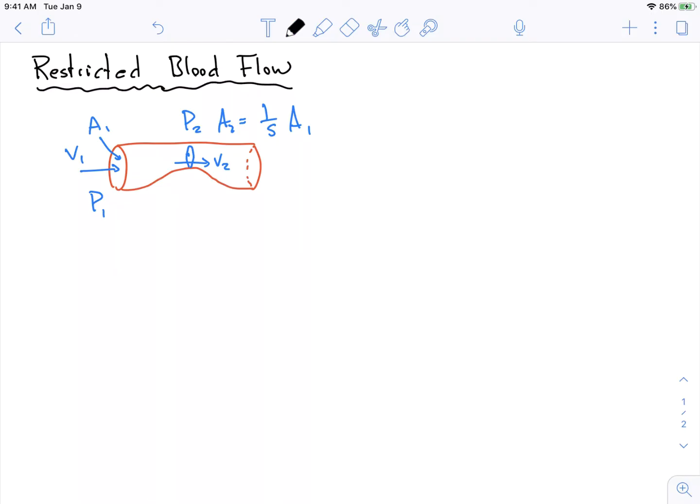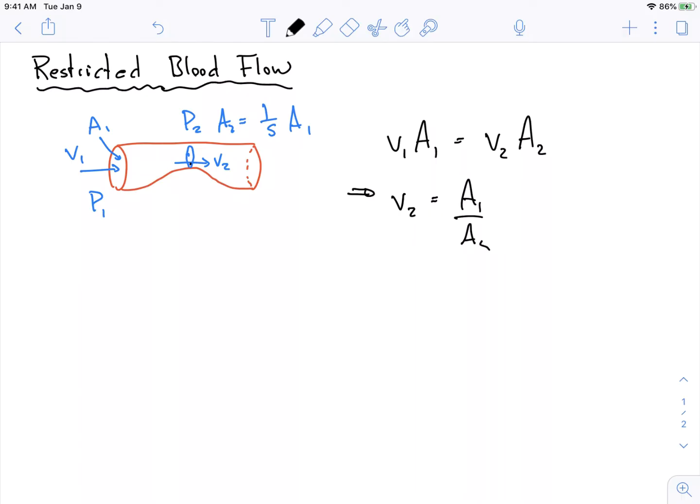Okay, so the first step is to use the continuity equation to find V2, right? We know that all of the fluid here is getting squished to some smaller area. So the continuity equation is the velocity times the area through one point is equal to the velocity times the area at some other point. And we can solve this for V2.